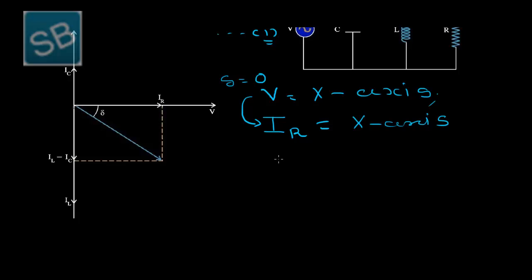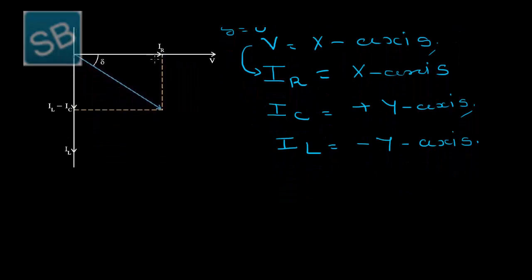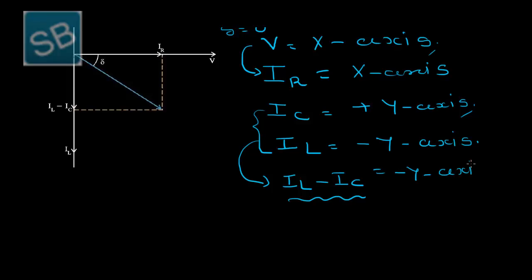Here IC, the phasor of electric current in the capacitor, is on the positive y-axis, and the phasor of electric current in the inductor is on the negative y-axis. The phasor IL minus IC, which we have determined using the combination of inductor and capacitor, is also on the negative y-axis.